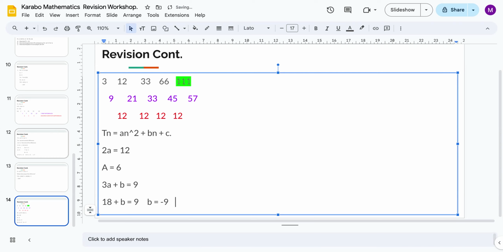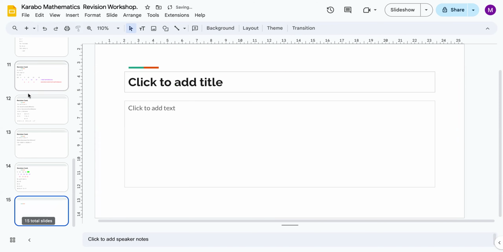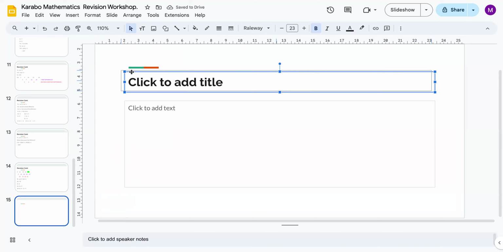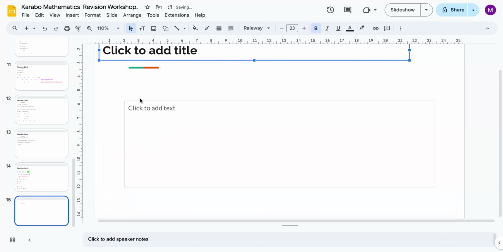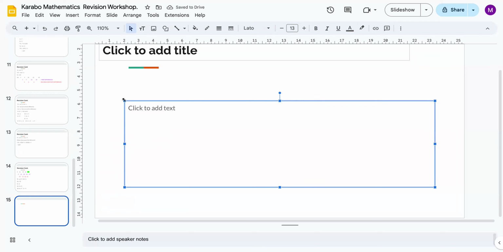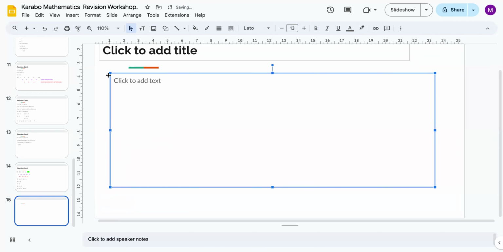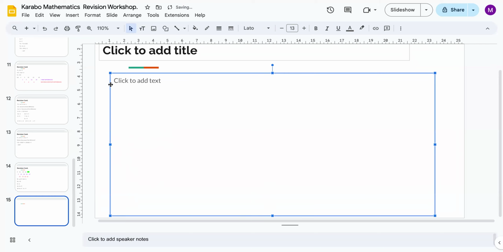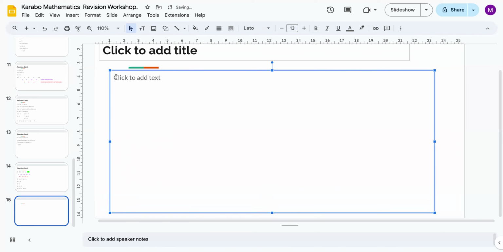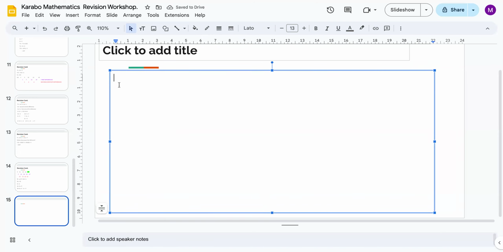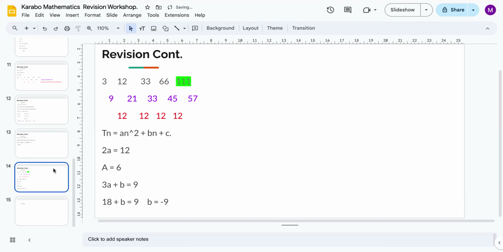Okay, and then to work out c, we know that a plus b plus c will give me the value of my first term. So let's add a new window over here. So a plus b plus c give me the value of my first term, which is equal to 3.